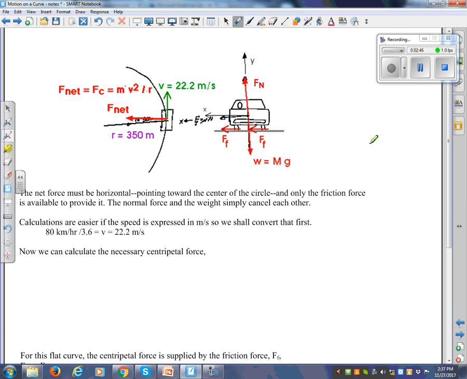Okay, so on the next page, on the left-hand side here, this is the top-down view. See that? We converted our 80 kilometers per hour. We divided by 3.6, and we got 22.2. That's where that comes from. So the velocity is 22.2. The radius of curvature is 350 meters.